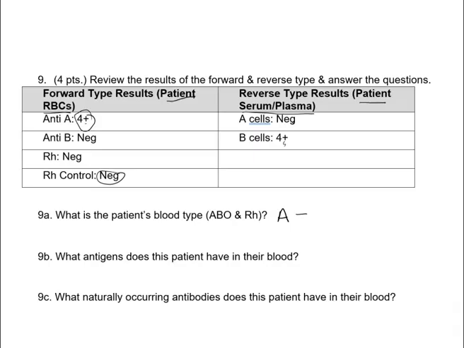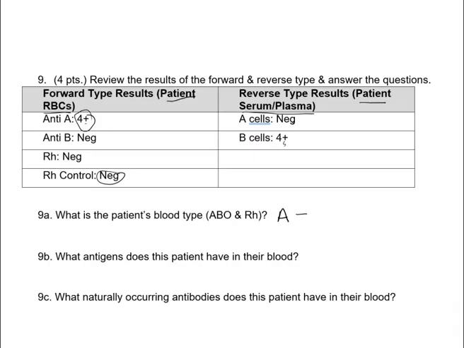This is saying that the antibodies in the plasma were tested against known red blood cells containing antigens. Red blood cells that had A antigens, it was negative, and when it had red blood cells with B antigens, it was positive for the plasma.